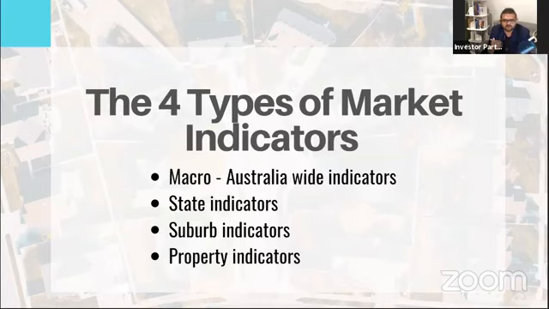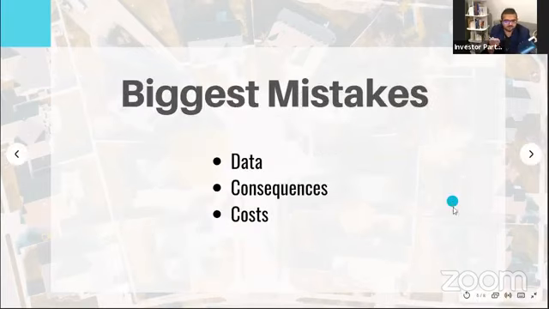People would go out and do building inspections and pest inspections, and the majority of people will run a title search through a conveyancer, and they think that they've got enough information to make an informed decision. Worst of all, some people would look at the age of the property and think, oh, because this property is really old, I don't want to get it, because this might not be an investment grade property.